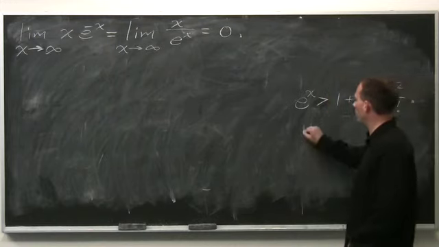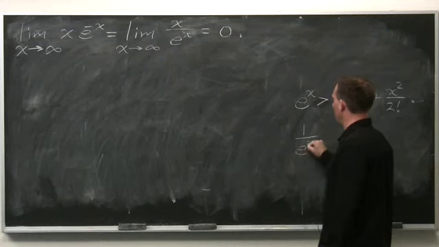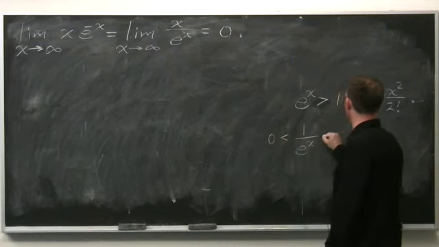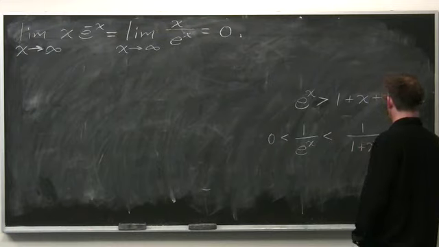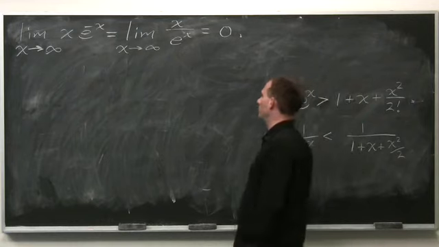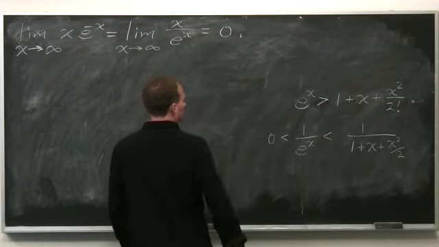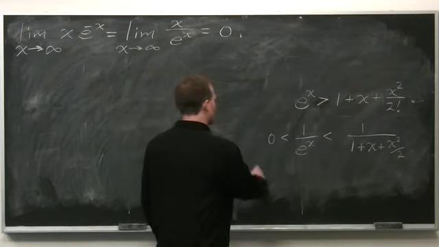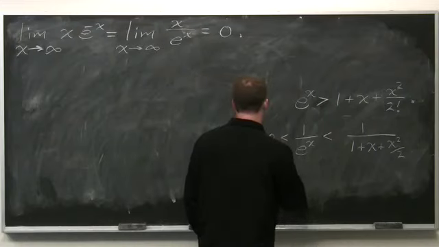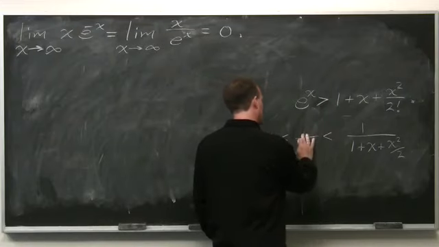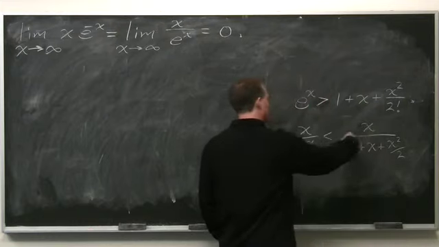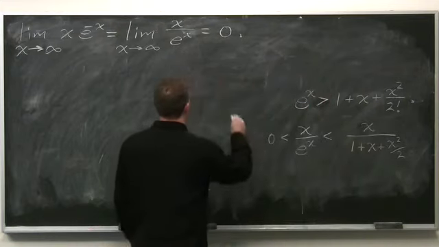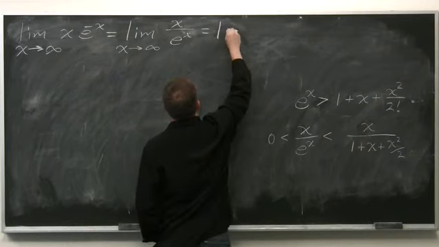But that means 1 over e to the x is positive, but it's less than 1 over 1 plus x plus x squared over 2. So you could use this to see that this limit is 0, because if you multiply through by a positive x, you'd get that this is true. And if this limit goes to 0, then we could use the pinching theorem and conclude.